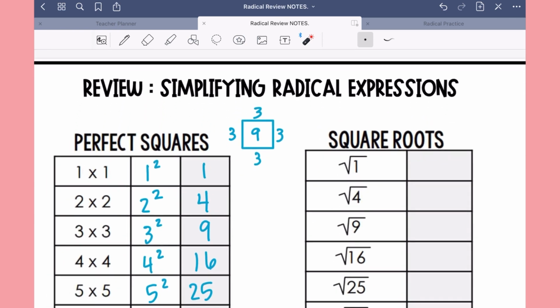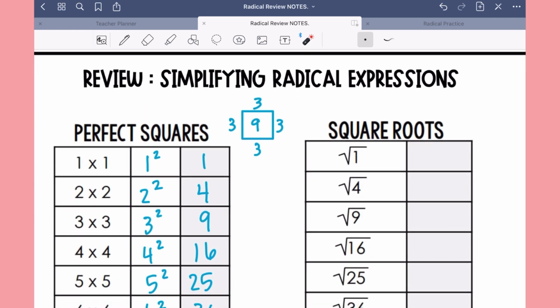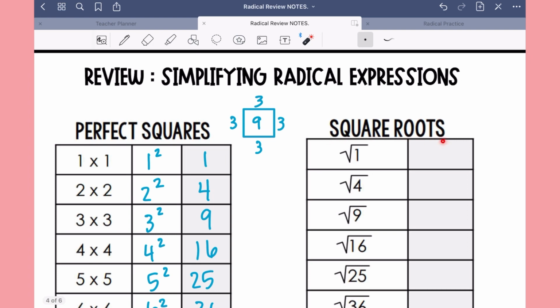So the opposite of squaring something is to square root it. The opposite of squaring is square rooting. So what is the square root of 1? 1. What is the square root of 4? What number multiplied by itself gives you 4? 2.